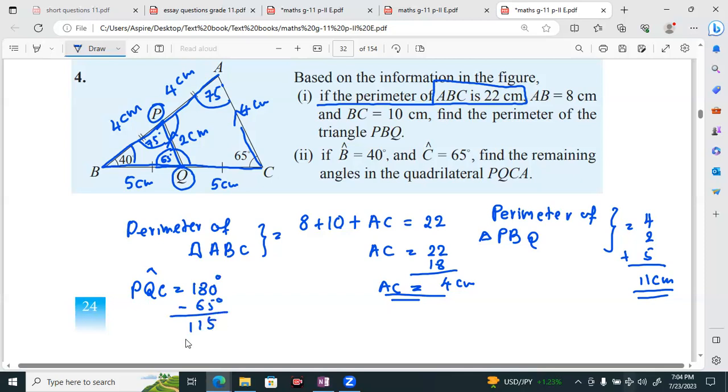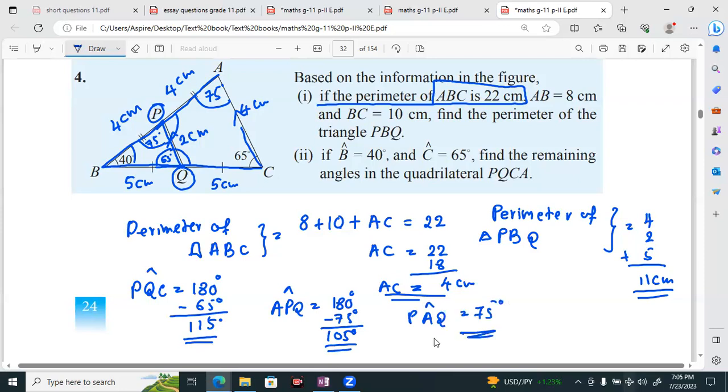It is 115. And APQ equals 180 subtract 75. It is 105. And PAQ angle equals 75.